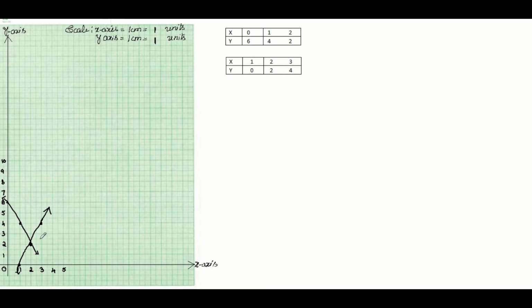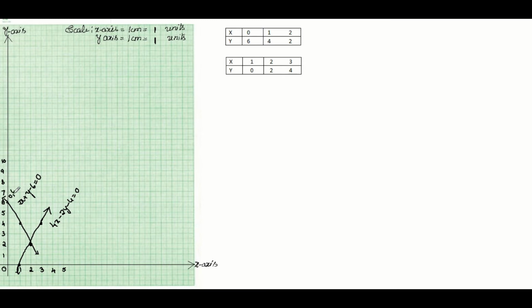So the first equation is 2x plus y minus 6 is equal to 0, and the second equation is 4x minus 2y minus 4 is equal to 0. I will be writing the points here.